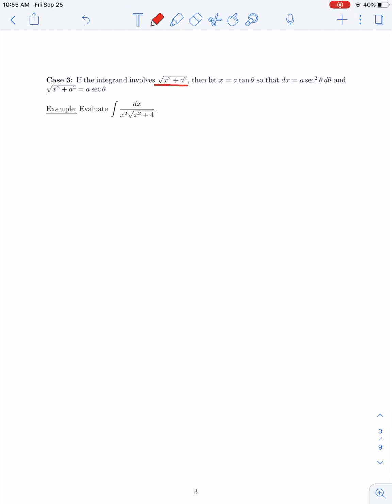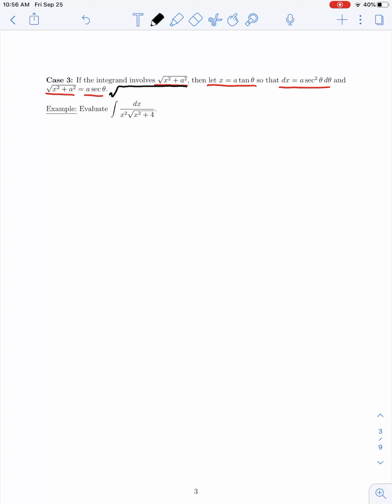So in this case, we would make the substitution x is equal to a tangent theta, so that the differential dx is given by a secant squared theta d theta. And in this case, our expression involving the square root of a squared plus x squared will reduce to a secant theta. To see why that's the case, let's look at this expression.